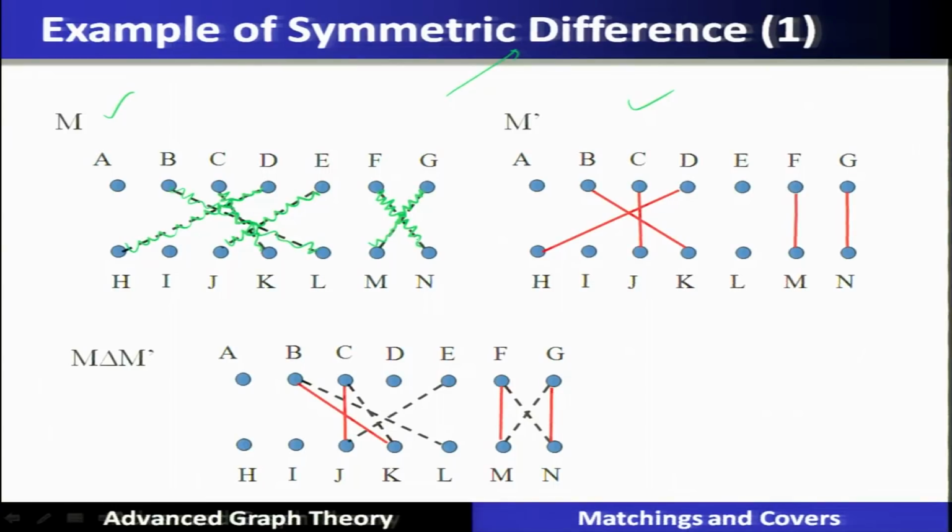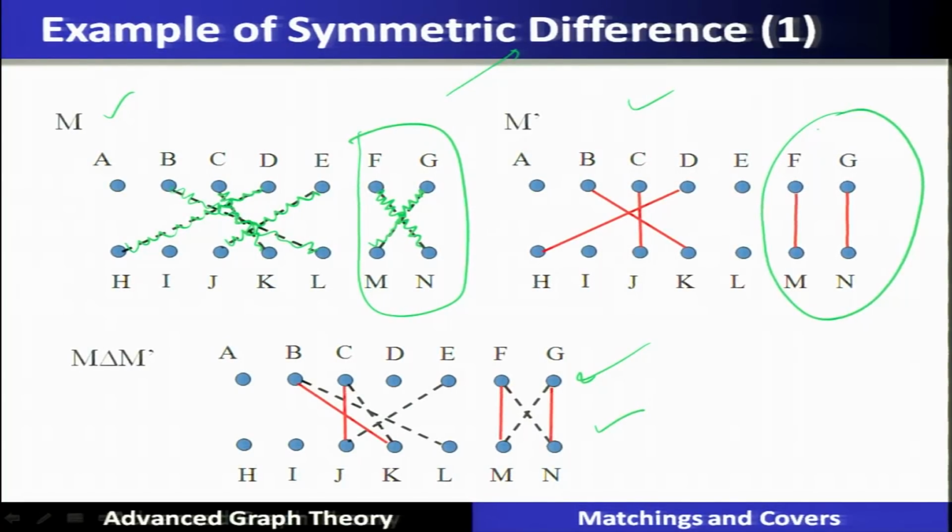What we can see here is that in this particular section, F and G, two edges are included. Those which are in M are included, and those which are in M prime are also included.